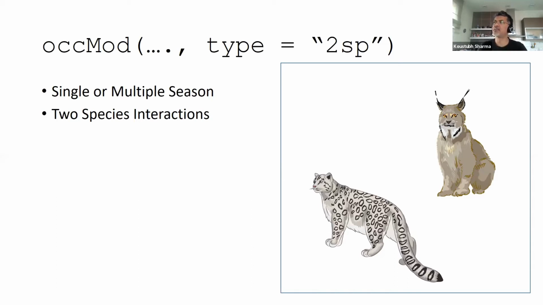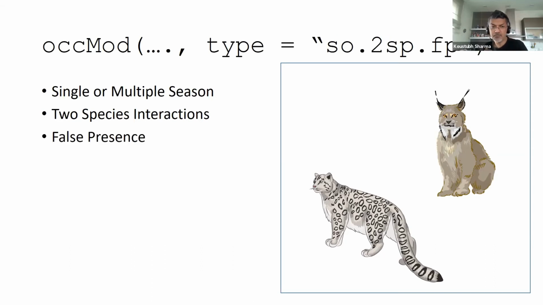In fact, there's a manuscript right now in review, where one of our colleagues has estimated the relationship between two of the primary snow leopard prey, Argali and ibex, and is exploring how the two species are interacting with each other. Are they competing? Are they cooperating, or are they simply staying away from each other? So those kinds of relationships can potentially be estimated with the two species models.